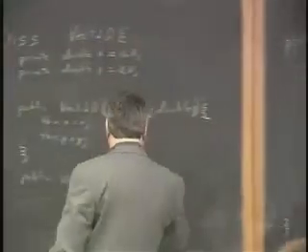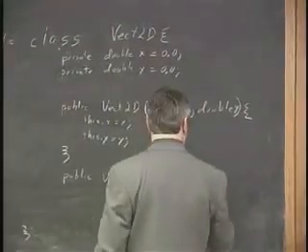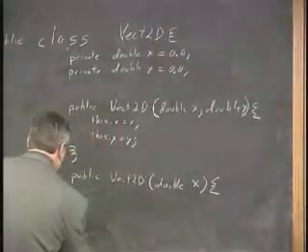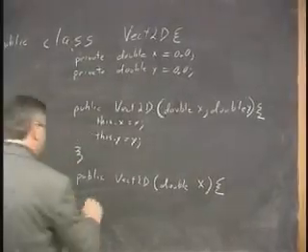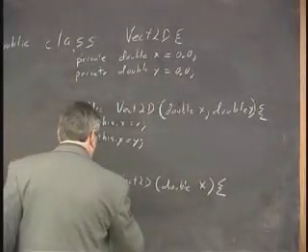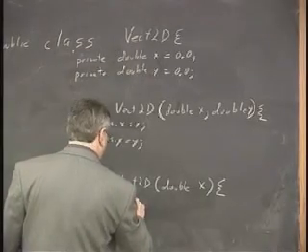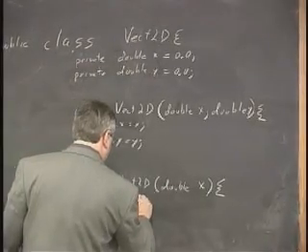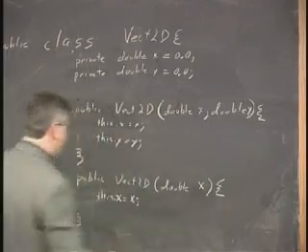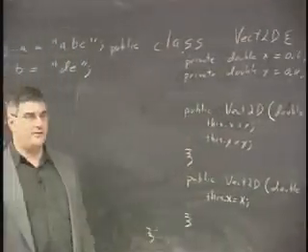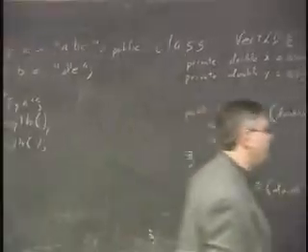We might want to have a special constructor that just does that. It takes one argument and just overrides the x coordinate.